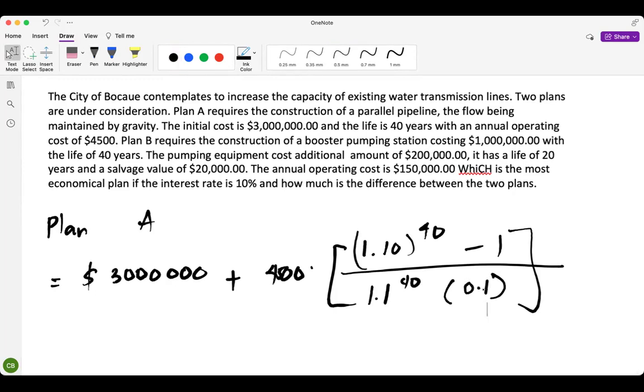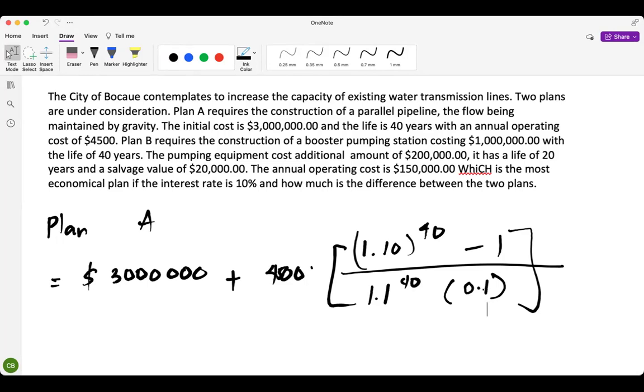So we compute: 4,500 times (1.1 raised to 40 minus 1) all over (1.1 raised to 40 multiplied by 10%).